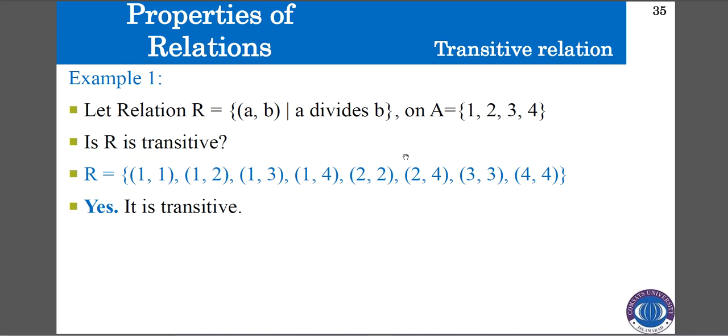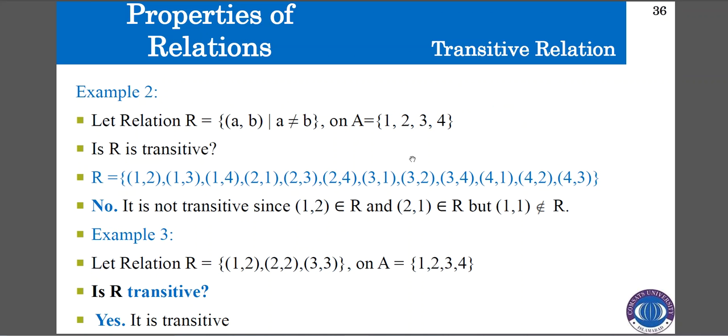In the first pair a is equal to 1, b is equal to 1, and in the second pair a is equal to 1 and b is equal to 2. If we consider these values, then we easily get that it is a transitive relation, and we can check the other pairs like that.